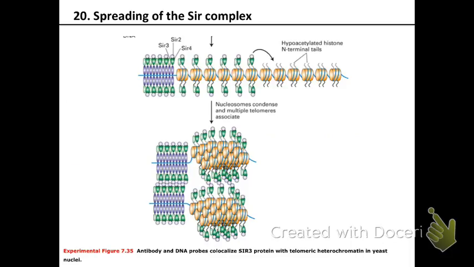All right. So how do these SIR proteins work? At the very core of it, there are three proteins called SIR2, SIR3, and SIR4. SIR2 is a histone deacetylase. What it does is remove the acetyl groups from the N-terminal tails of the histones.